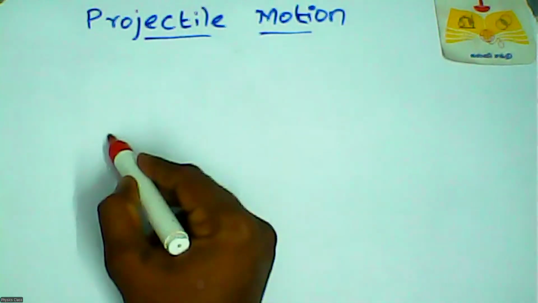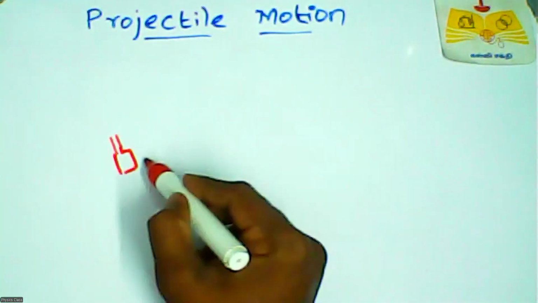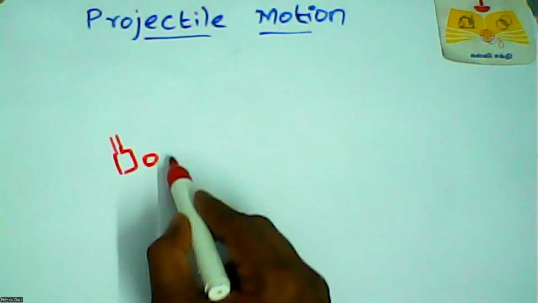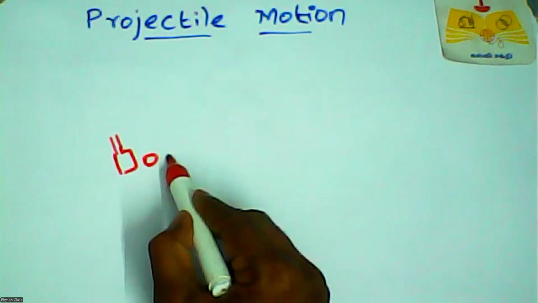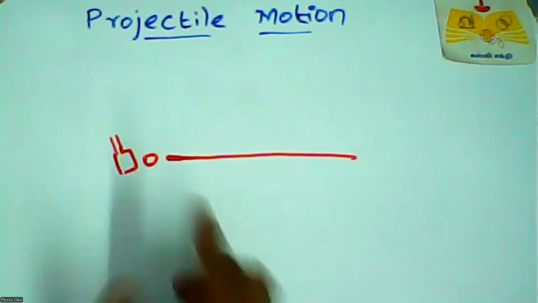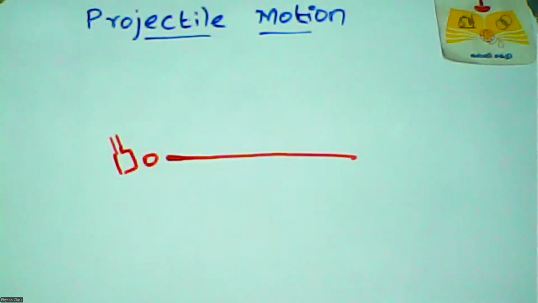When the batsman hits the ball, it does not just fly in a straight line. You may see that. When the batsman hits that ball, it does not fly in a straight line.